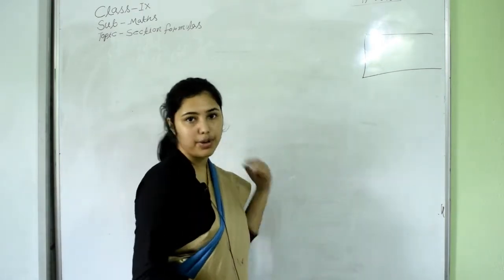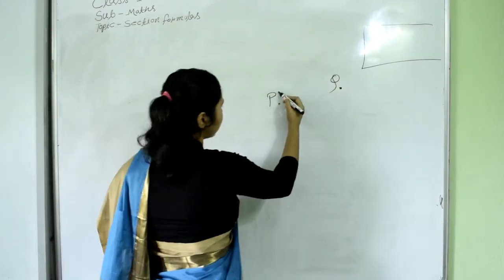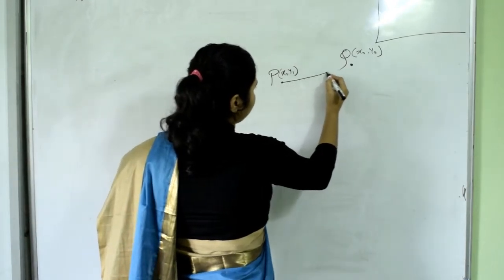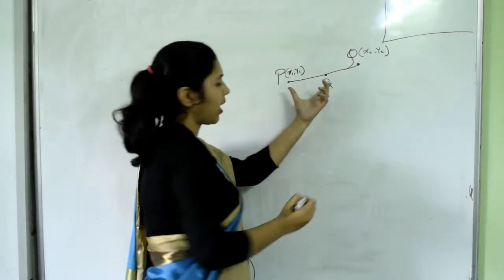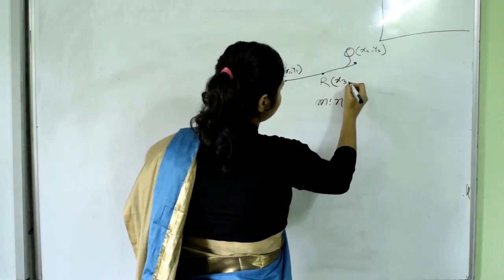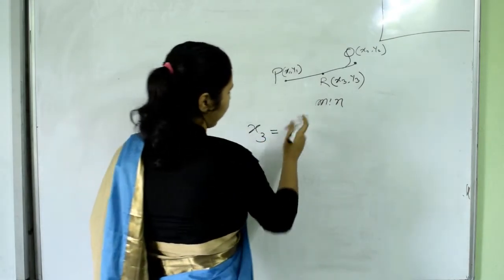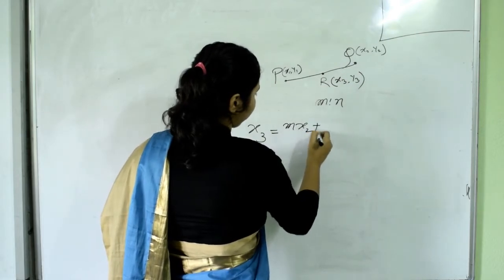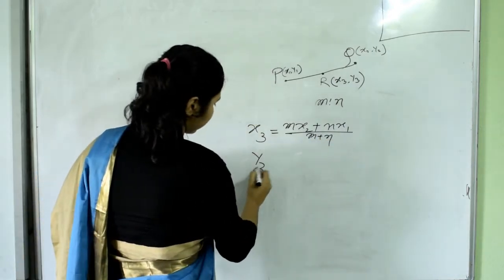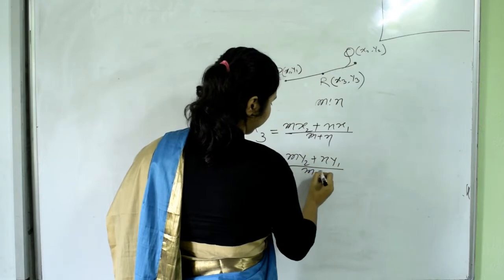In our previous class we discussed that if P and Q are 2 points with coordinates (x1, y1) and (x2, y2), and if a point R divides this line segment in the ratio m:n, and suppose the coordinate of R is (x3, y3), then x3 equals (m x2 plus n x1) by (m plus n), and y3 equals (m y2 plus n y1) by (m plus n).